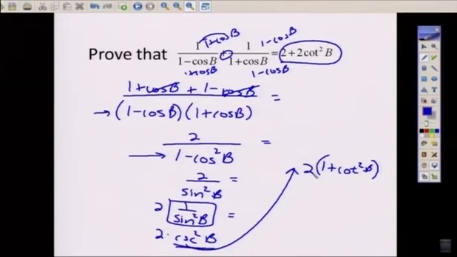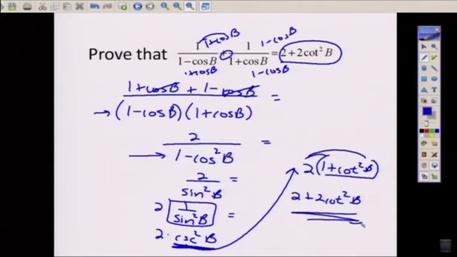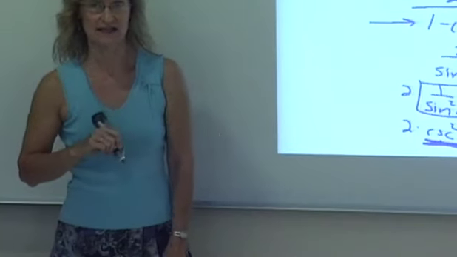So in place of the cosecant squared down here, I'm going to substitute in 1 plus cotangent squared. And then if I distribute, I have exactly what we were trying to prove. So I hope that helps with showing you a little bit about verifying identities.